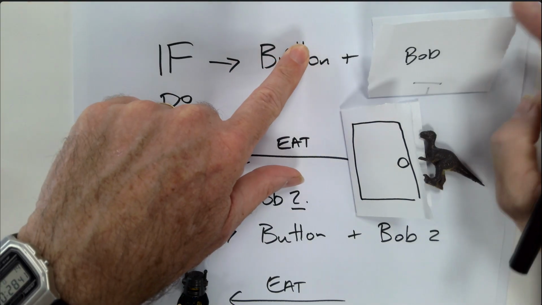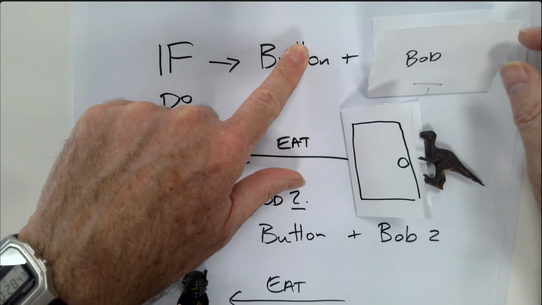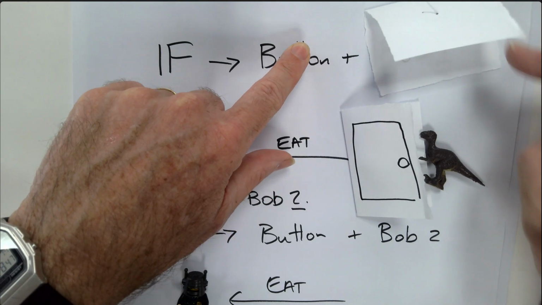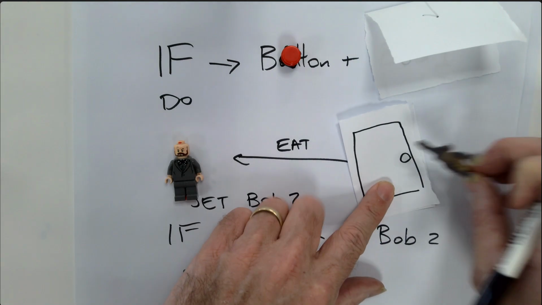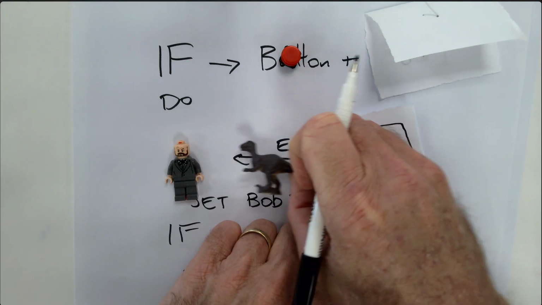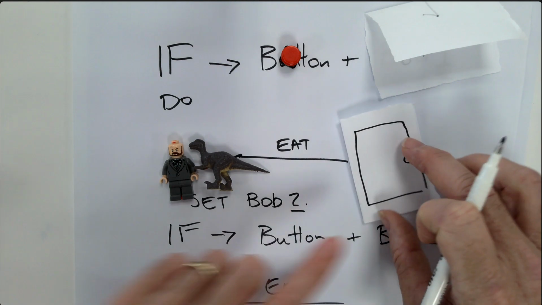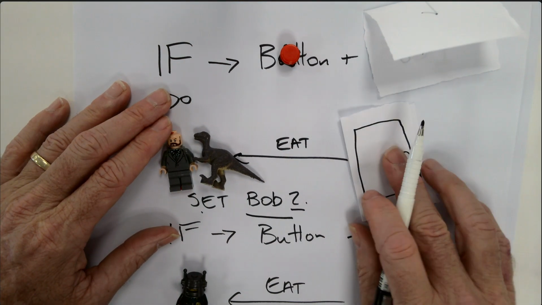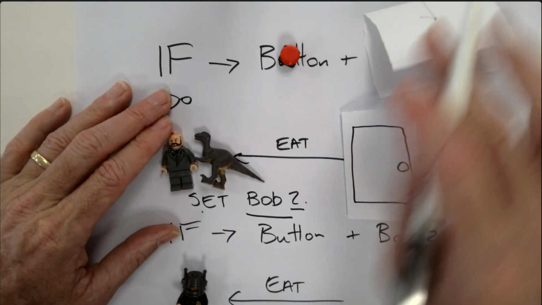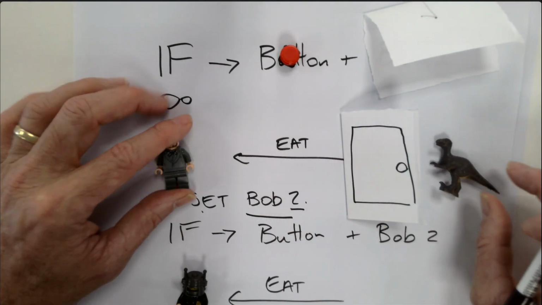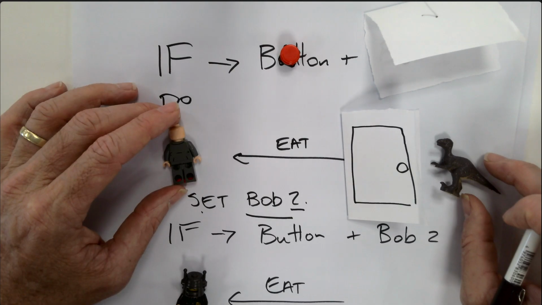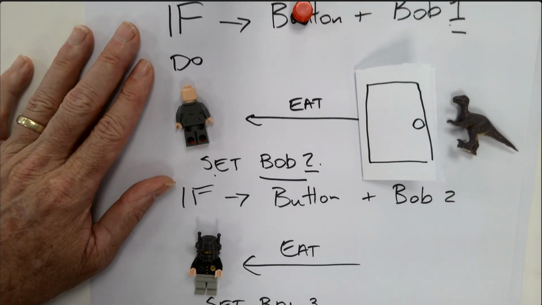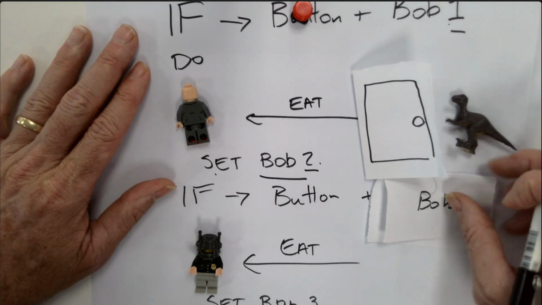The first condition is recognised. Let's check the envelope, Bob, number 1. The door is now open, and he runs through, yum yum yum, he starts eating our Lego man, but then Bob is set to 2. Now the conditions aren't met, the dinosaur has to leave, but by this time this guy's pretty well eaten.